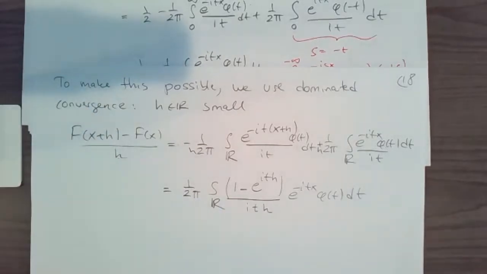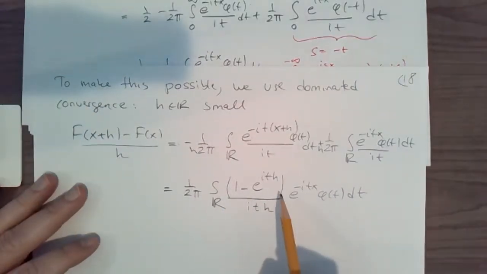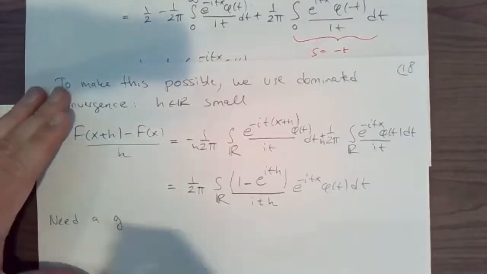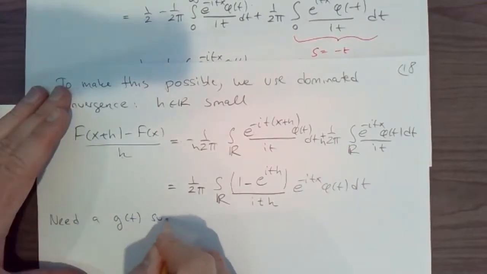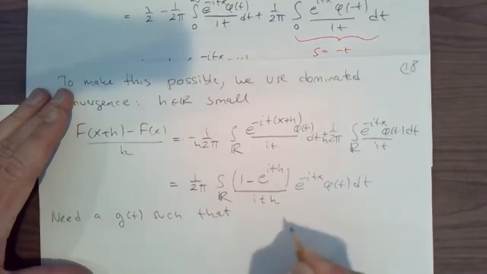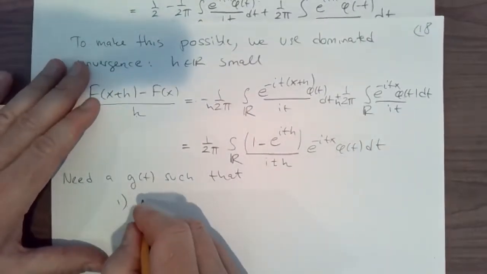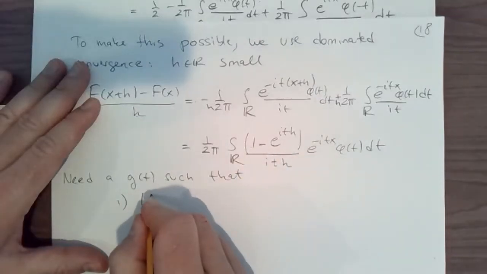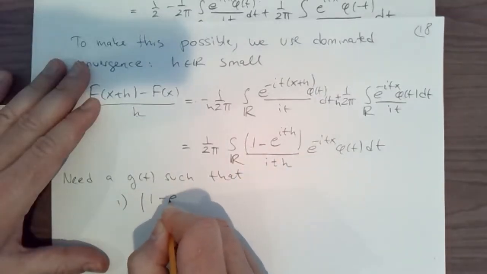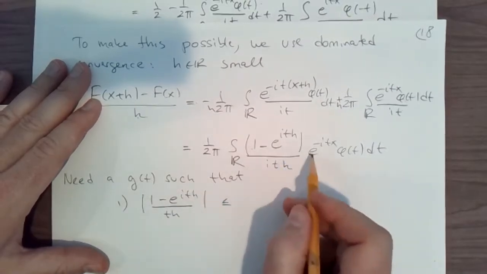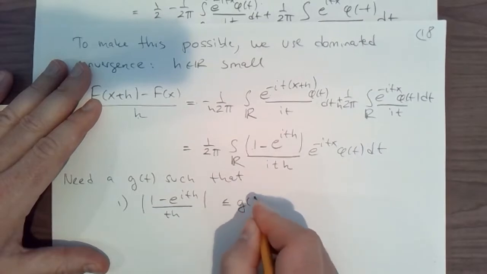And then the question is, can I use dominated convergence? What I need is a g of t such that, first, when I take the absolute value of 1 minus e to the ith divided by th, this is bounded by my g of t.